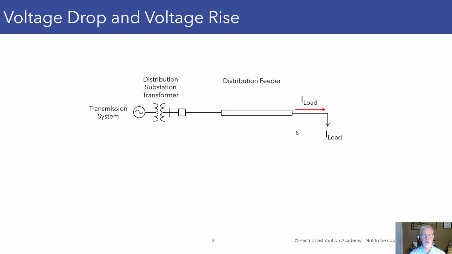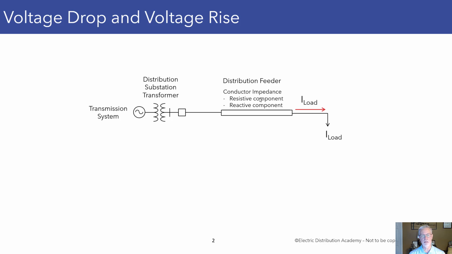And this load current has to pass through impedance in the feeder, and most often it's conductor impedance. There can also be a transformer or a regulator that would also contain impedance, but in this simple example, we will just assume that there is conductor impedance.